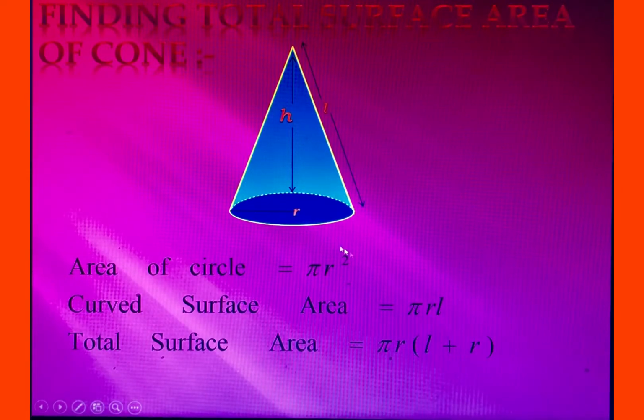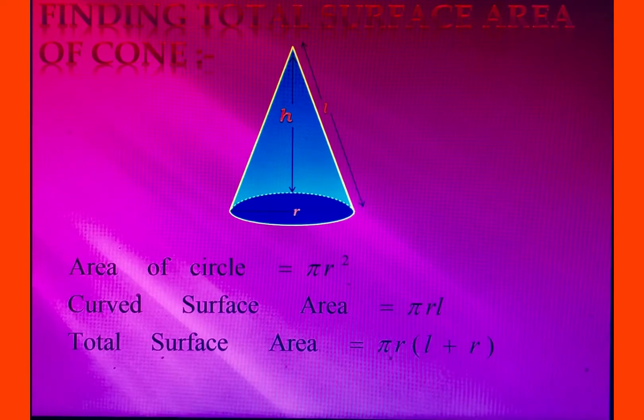If we add this base area to the curved surface area, then we will get the total surface area of the cone. Take pi r common, so we will get l plus r, otherwise r plus l, meaning pi r under bracket l plus r. This is the total surface area of the cone, and the unit of this surface area is square units.